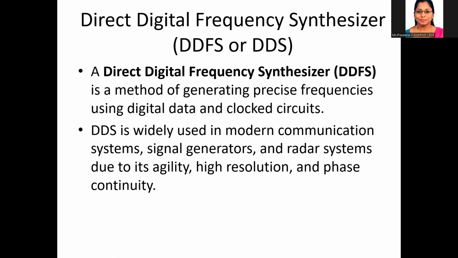For example, in a radar system, DDFS can quickly switch between frequencies while maintaining phase continuity. It enables accurate target detection and tracking. That is DDFS or DDS, direct digital synthesizer. It provides a flexible, accurate, and efficient method for digital frequency generation in modern electronic systems.